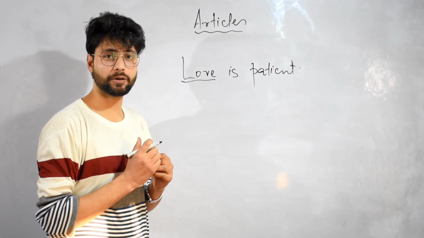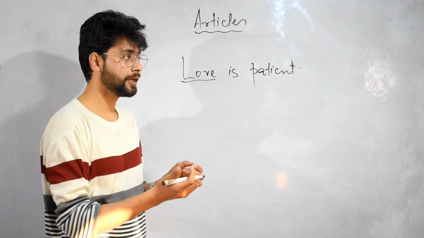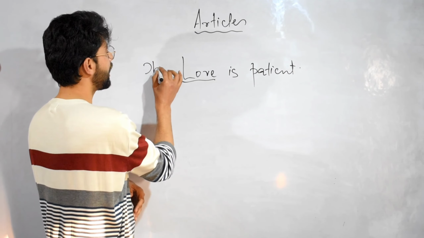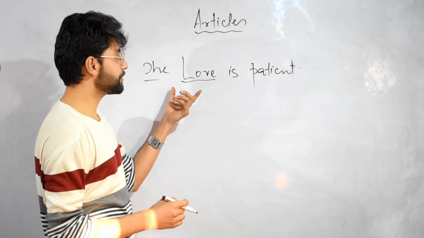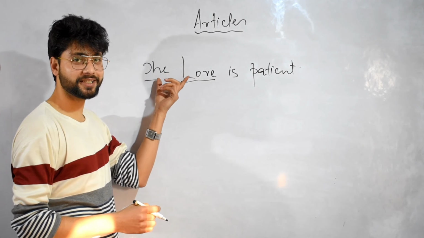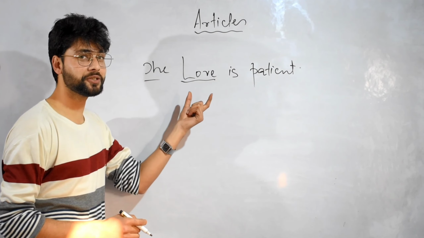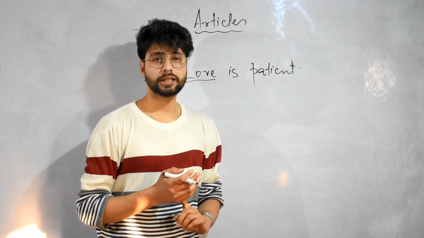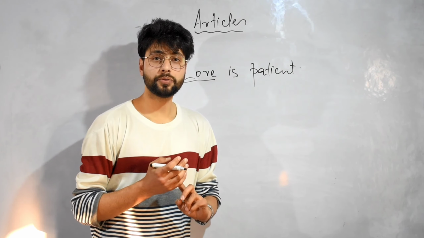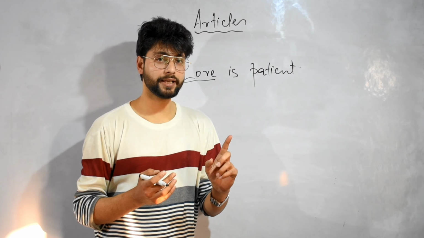But it is a noun, though abstract. We cannot say the love is patient. Even though grammar suggests us to use an article here, we do not use it. So the case is no article is used, even though grammar suggests otherwise.